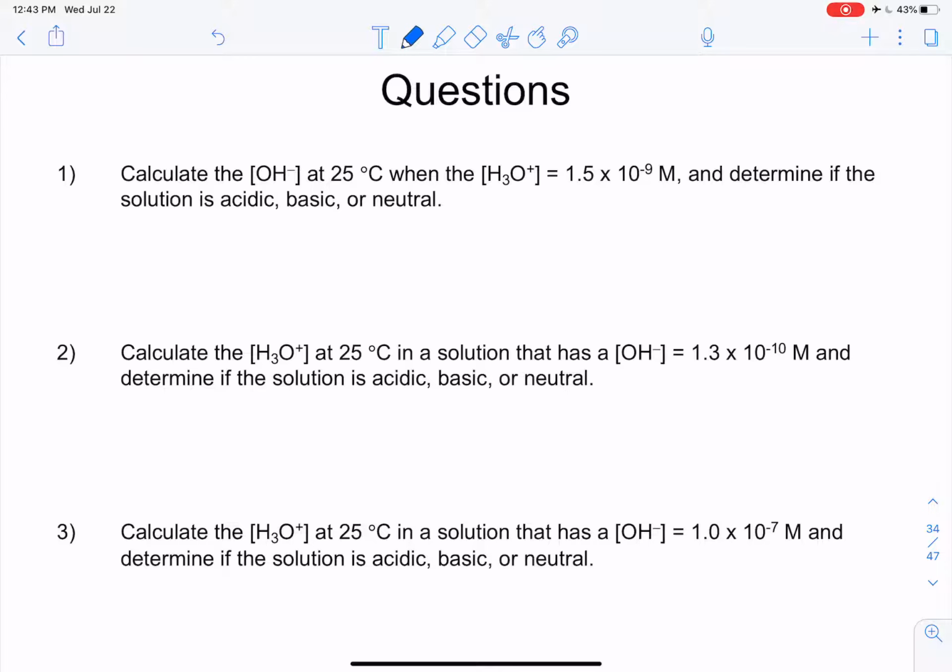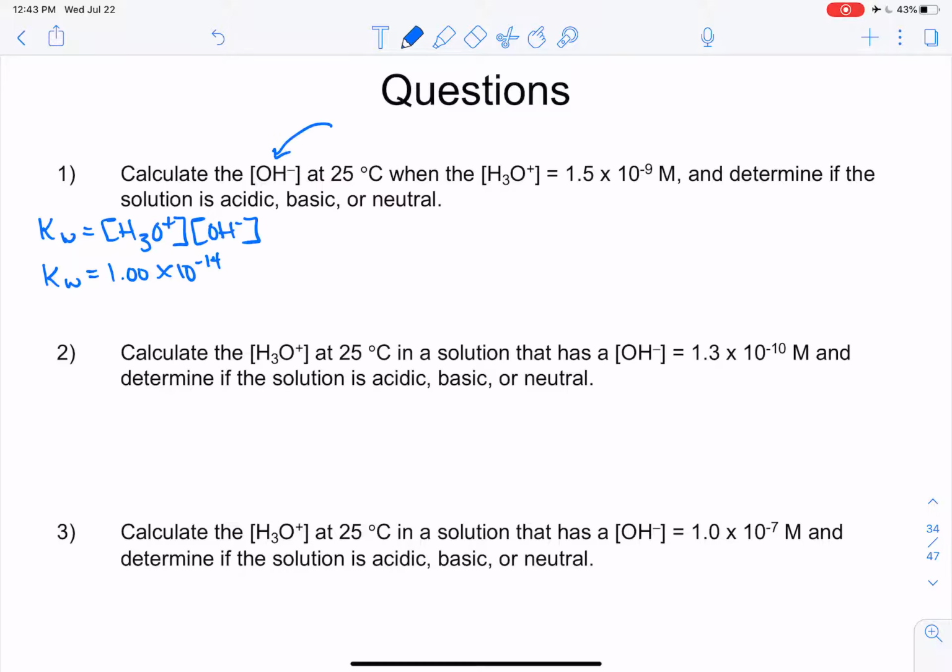Okay, so what we want to do is write out the fact that Kw is equal to the concentration of hydronium times the concentration of hydroxide, and also that Kw is equal to 1.0 times 10 to the what, you guys? Negative 14. And we're solving for concentration of hydroxide.